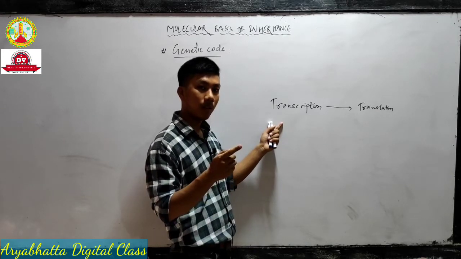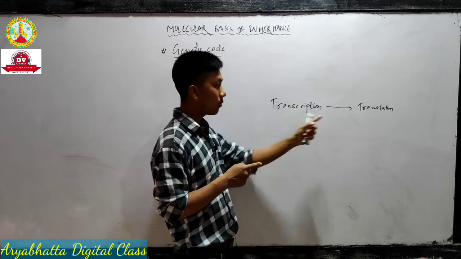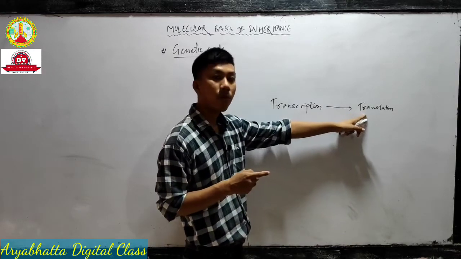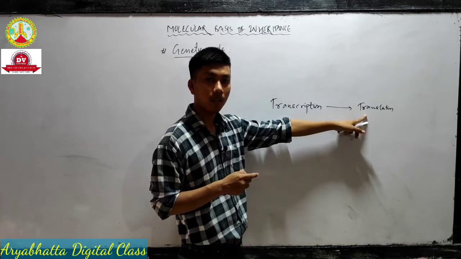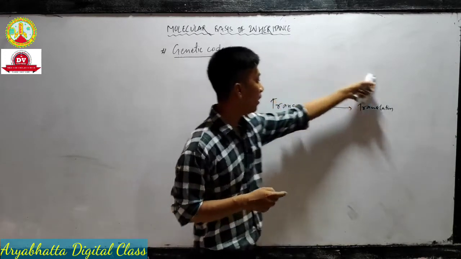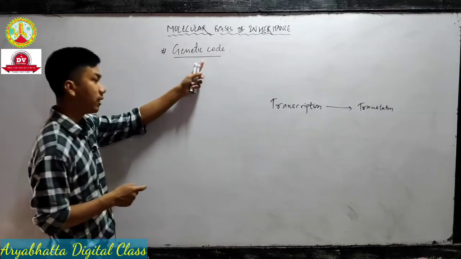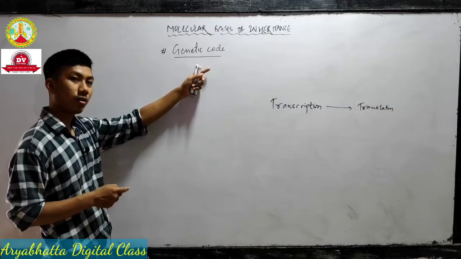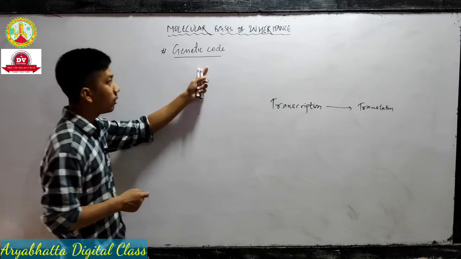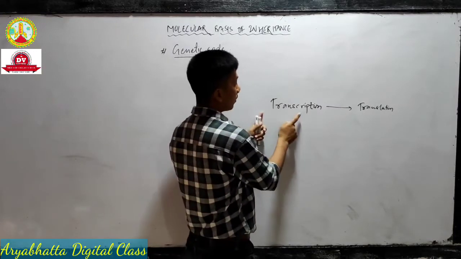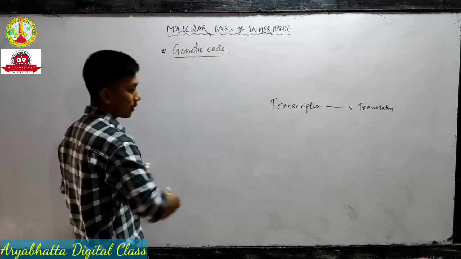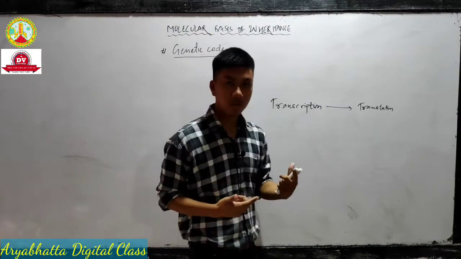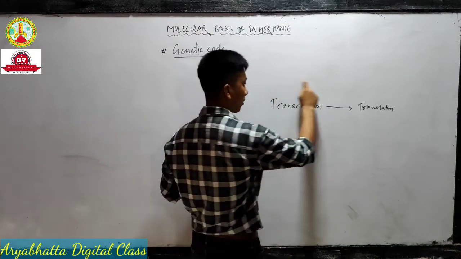Now that mRNA will undergo the translation process. The actual formation of protein will take place here. How? We will see. But before this, we need to see the genetic code. We can also discuss transcription first, then genetic code, but let me first introduce genetic code before going to this process.